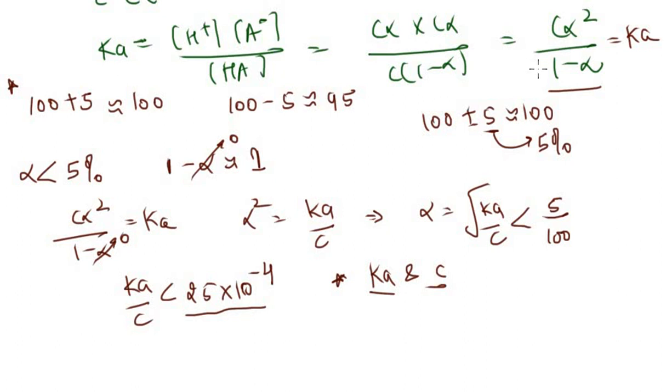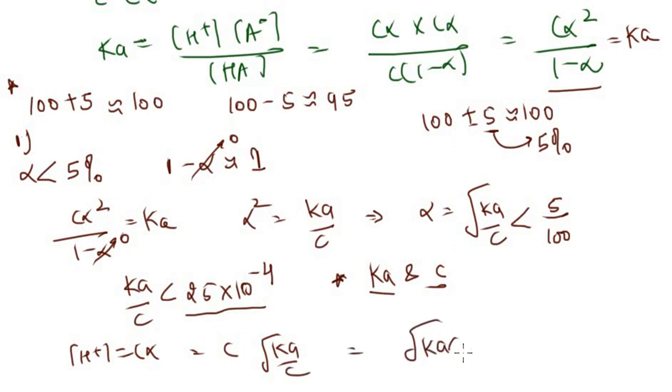Case 1, when alpha is less than 5%. The concentration of H plus comes out to be C alpha, and alpha is under root of Ka upon C. So it is under root of Ka into C. That is the concentration of H plus.